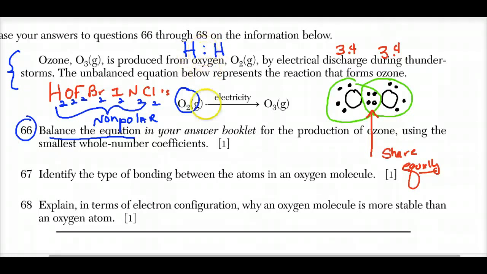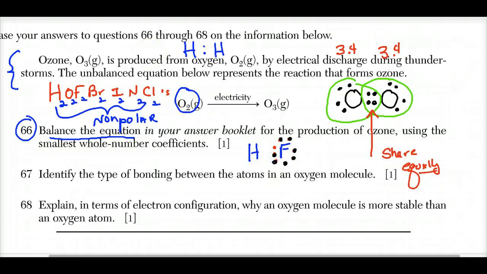When we have a polar bond, for instance HF, fluorine is much more electronegative. Fluorine has 1, 2, 3, 4, 5, 6, 7 electrons, and it takes 1 from the hydrogen. This pair of electrons, now I really should draw it like this: 1, 2, 3, 4, 5, 6, 7.